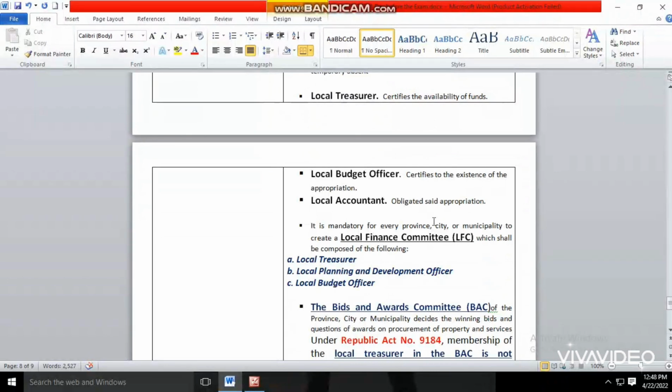It is mandatory for every province, city, or municipality to create a so-called local finance committee, such as the local treasurer, local planning development officer, and a local budget officer.